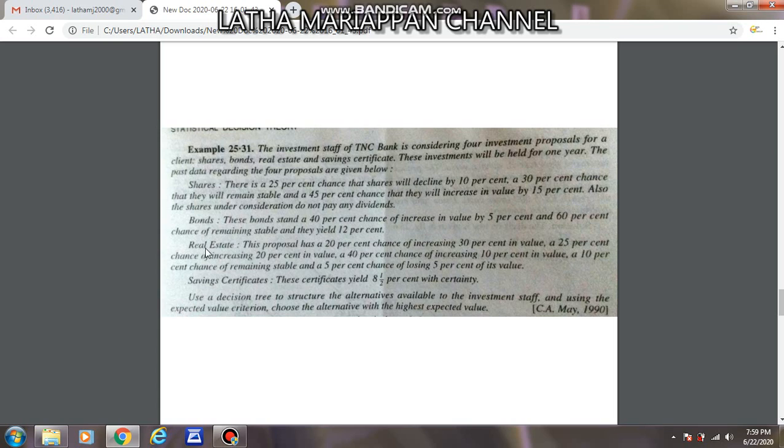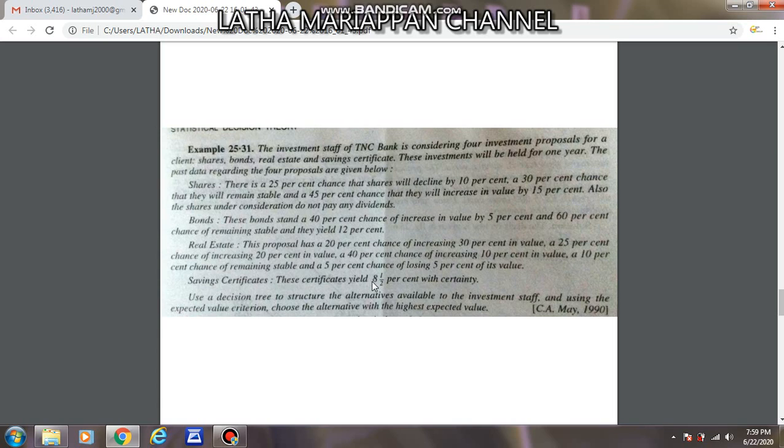Okay. And for real estate they gave 20% chance of increase of 30% in value and 25% chance of increase of 20% in value and 40% chance of increase of 10% in value. Yeah, 10% chance of remaining stable and a 5% chance of losing 5% of its value.